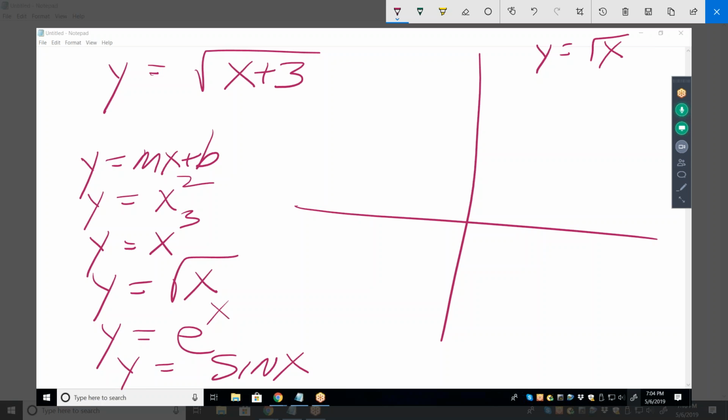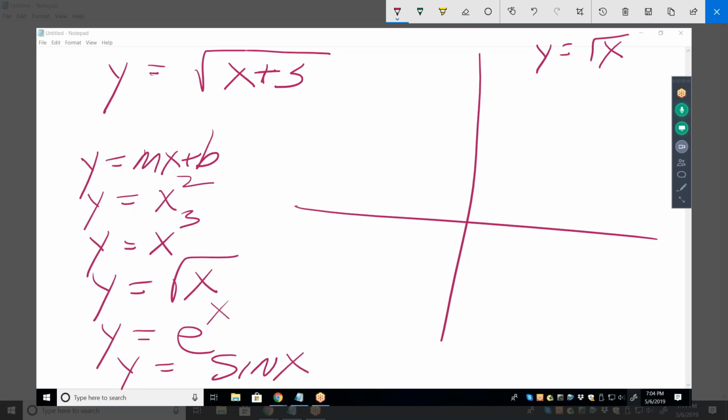What if it was square root of x squared plus 3? What would our elementary function be? In other words, the elementary function would still be y equals square root x. That's all I did is confuse you and me by saying that.